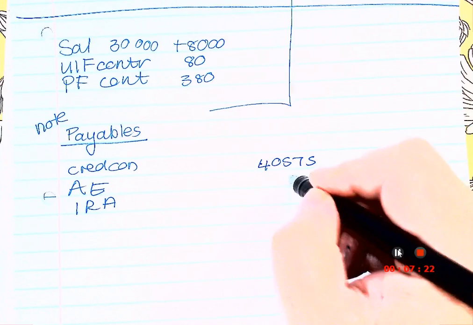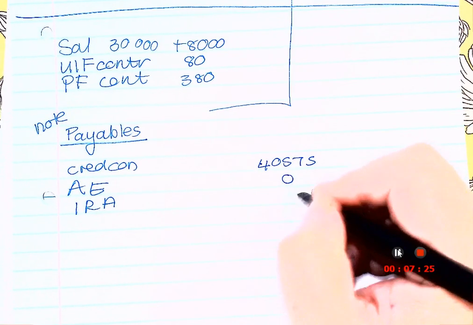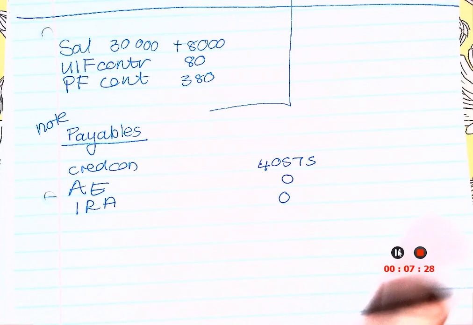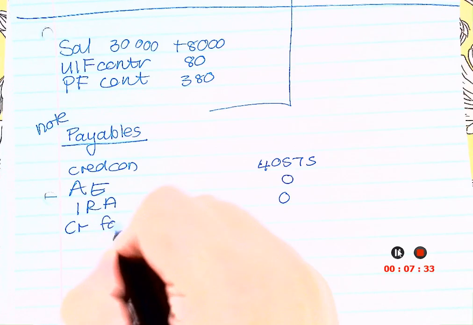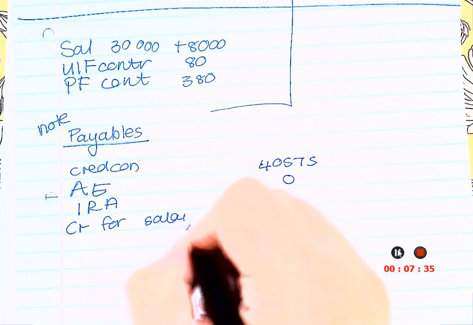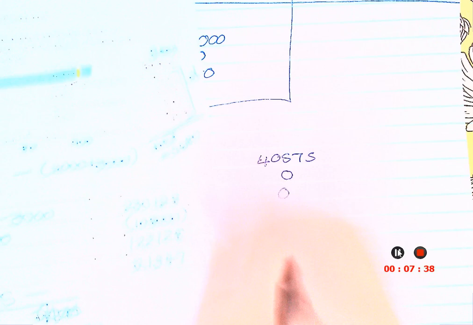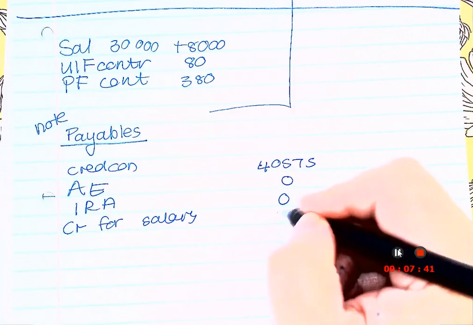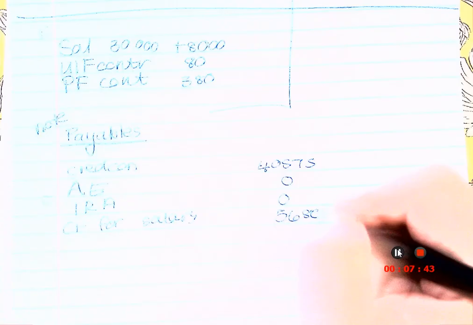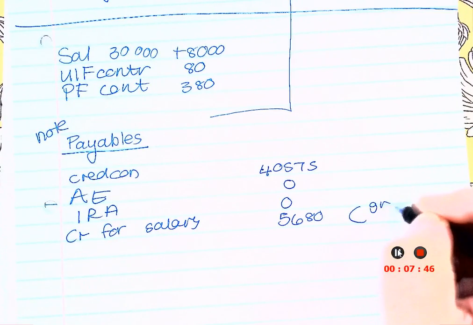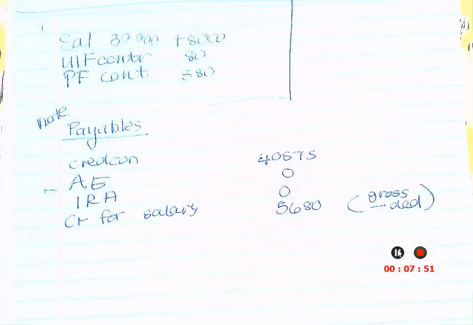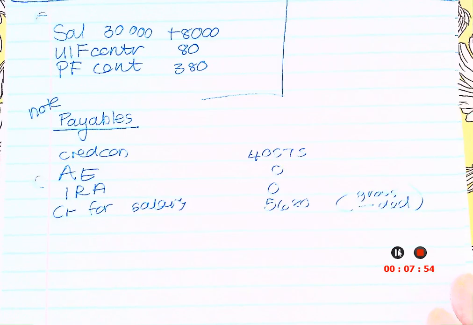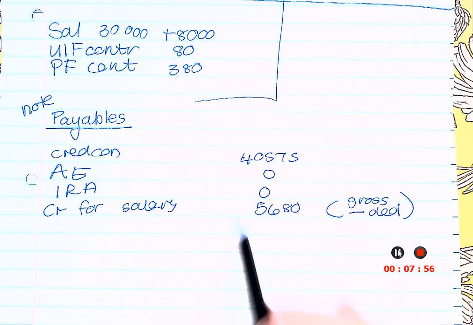So there's nothing. And income received in advance is also nothing. Am I right if I say that? Okay. Now, creditor for salary. I calculate it as 5680. Can you see this is my gross less deductions? If there's a bracket, it's subtracting.